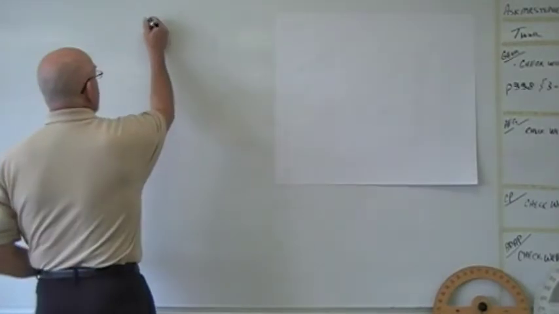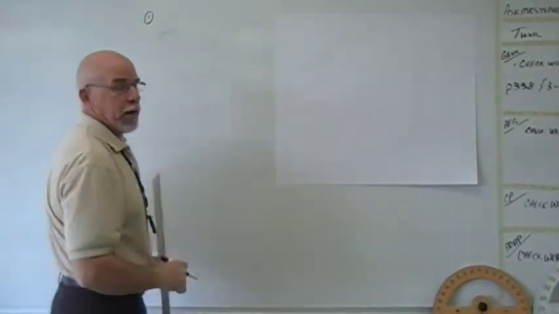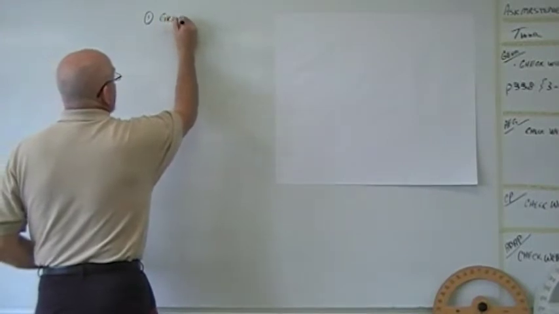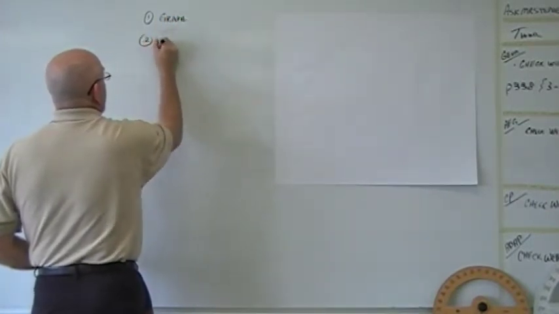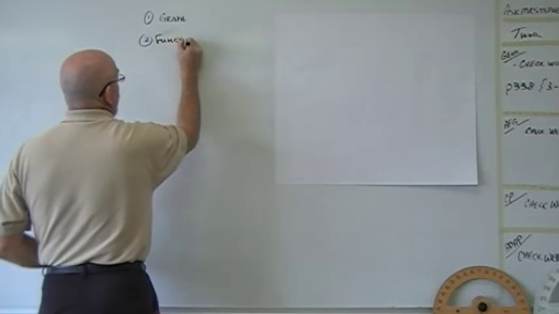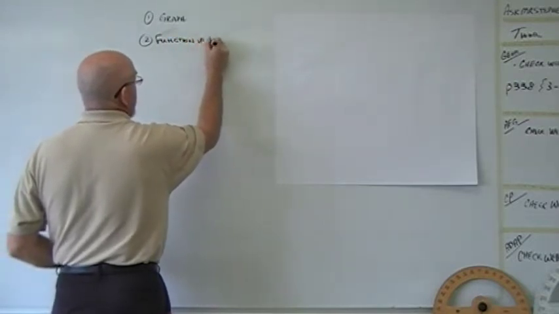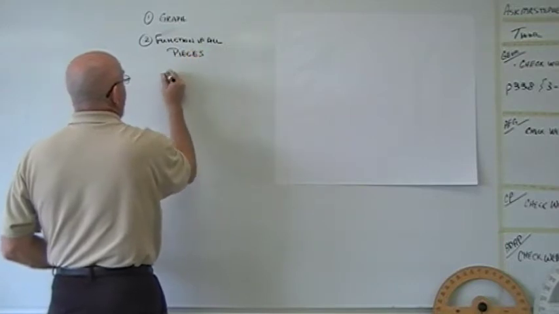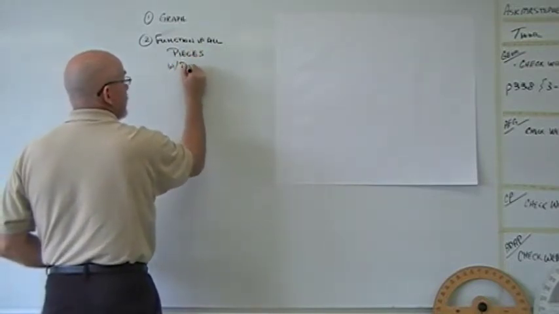There are going to be three things we're going to ask you to do. I need you to graph, show the graph of the piecewise function. I want you to write functions of all pieces, with domain.